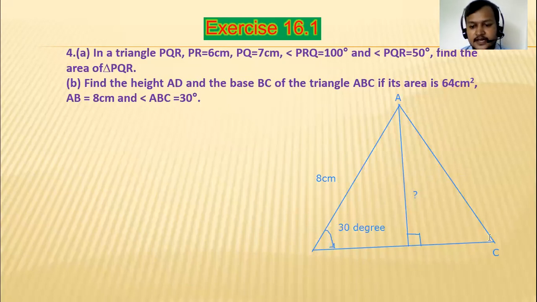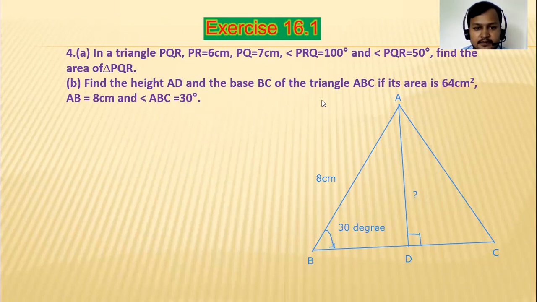if one side, area and angle are given, we can find out the other side by using the formula of area. Area of triangle is 1 by 2 product of two sides into sine of the angle between them. So by using that formula, we can find out BC, which is asked here.